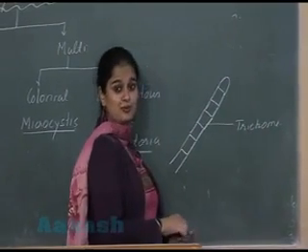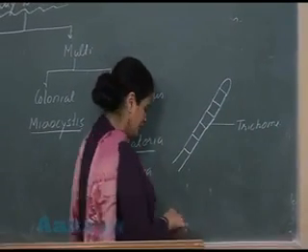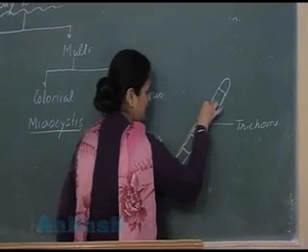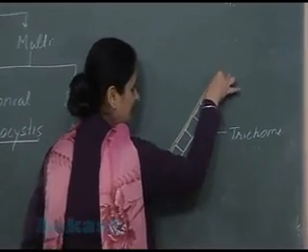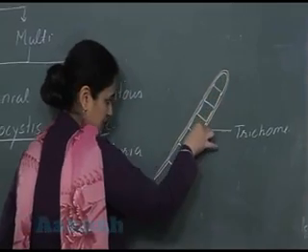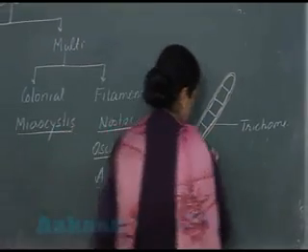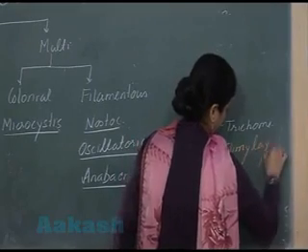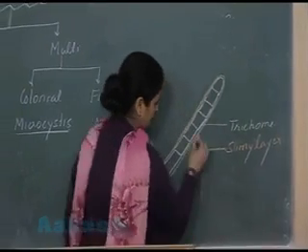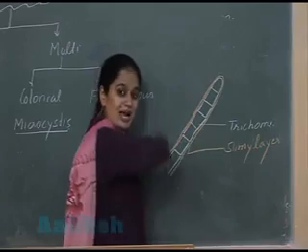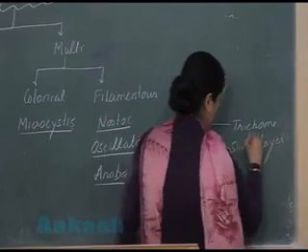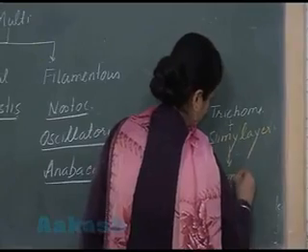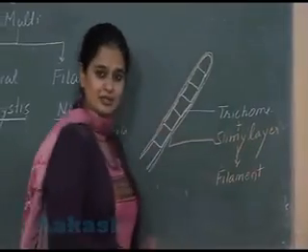Around the trichome there is a slimy covering, the characteristic feature of Myxophyceae. Myxo means slimy. So this is the trichome, with a slimy layer around it. Both together represent the filament.